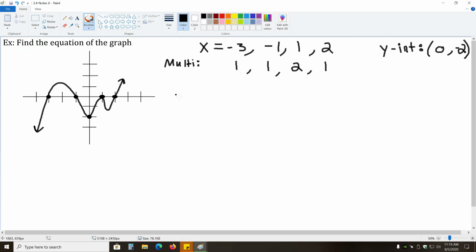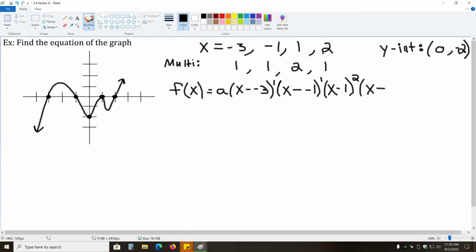So, going to our formula, we have f of x equals a times the first x-intercept, so x minus -3, to its multiplicity, which is 1, times x minus the second intercept, -1, again to its multiplicity, which is 1, times x minus 1 to its multiplicity, which is 2, and finally x minus 2 to its multiplicity, which is 1.